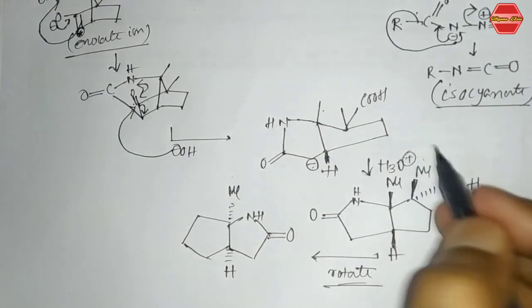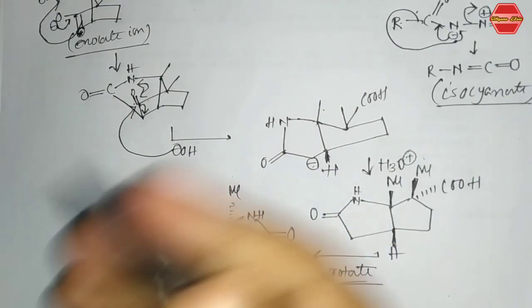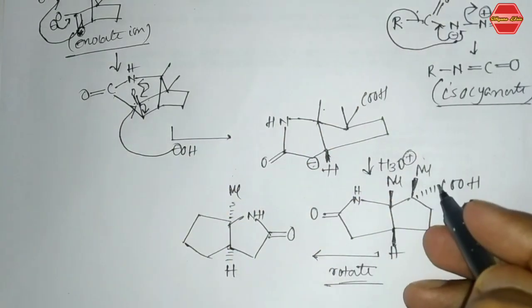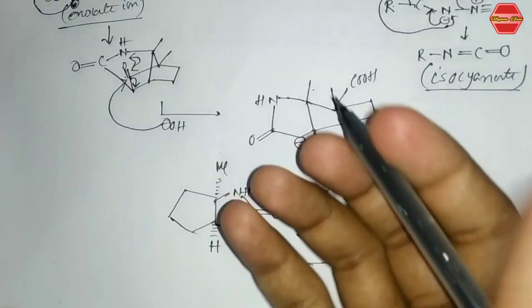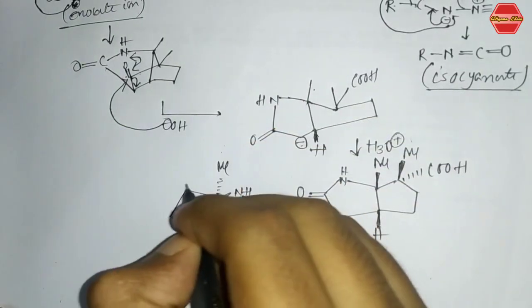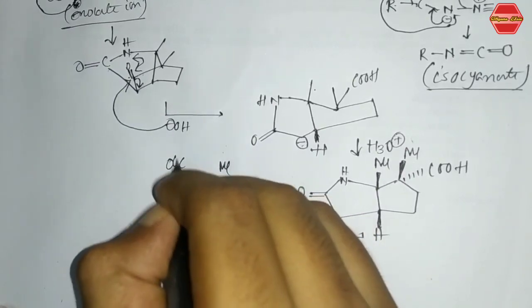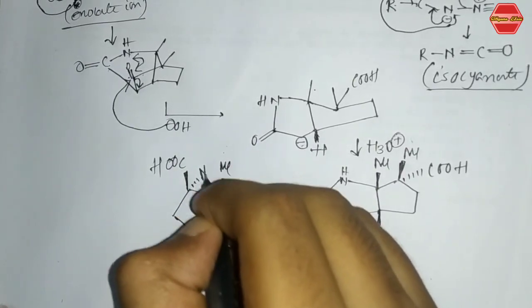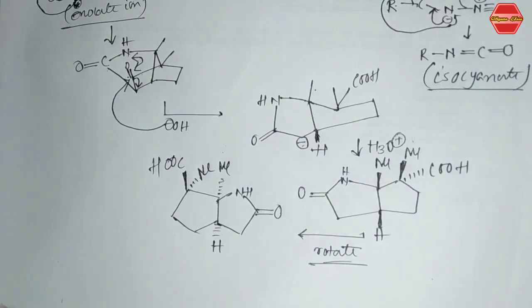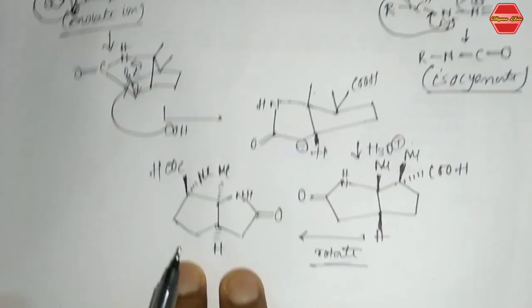The methyl group which is on the upside converts to the backside, and the CO2H which is on the downside comes up to the upside. The final product that we get has COOH on the upside and this methyl group on the backside. Now after the rotation we get our ultimate product.